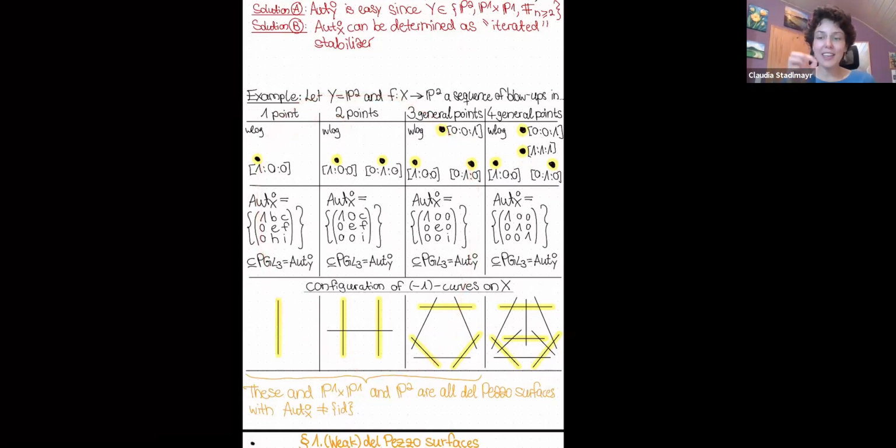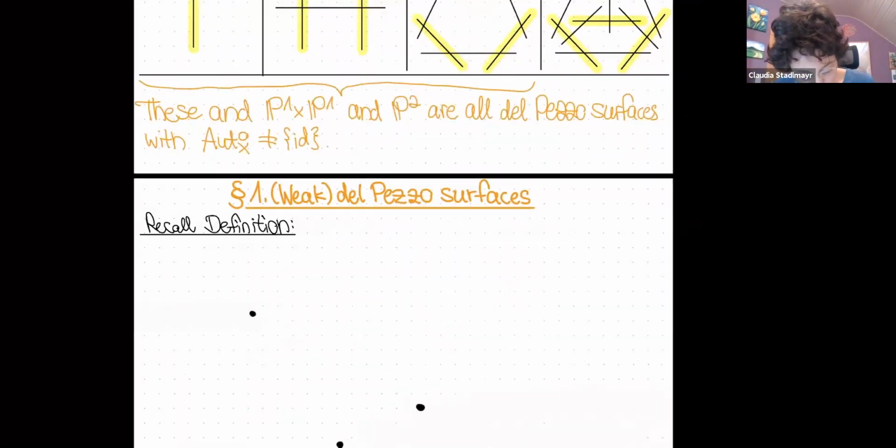So now let's have a look at the next simplest question about weak del Pezzo surfaces. For this, let me first recall their definition and compare it to the definition of strong or usual del Pezzo surfaces.